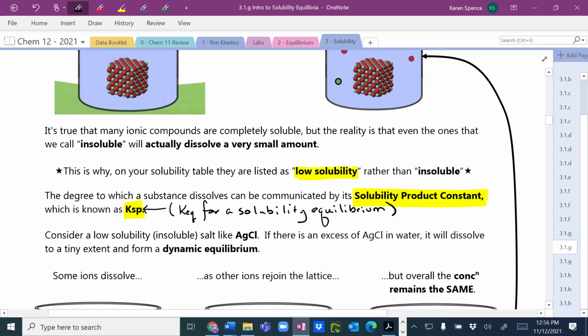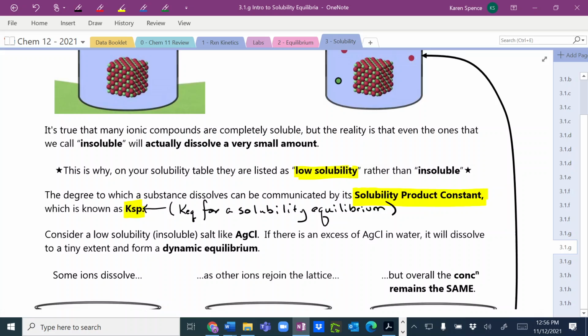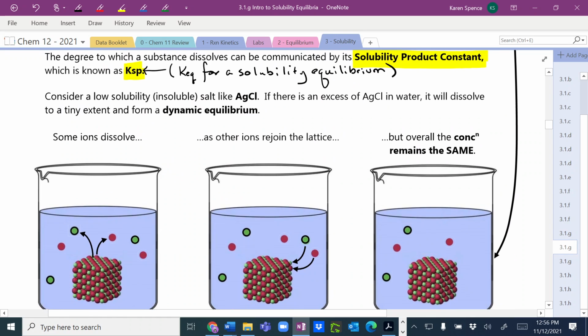So just like any other equilibrium, it is a dynamic process with a forward reaction and a reverse reaction. In this particular case, the forward reaction will be that some of the ions will dissolve out of the crystal.